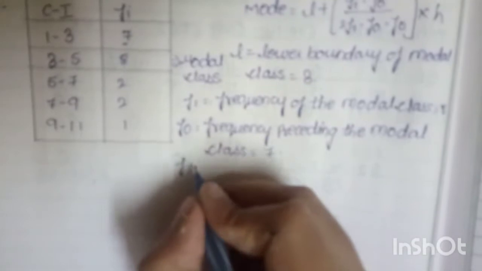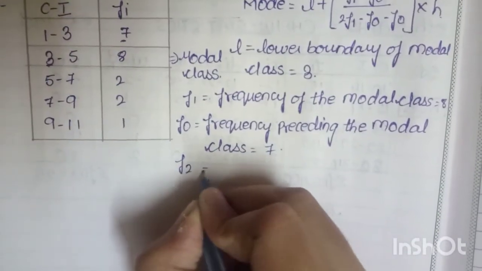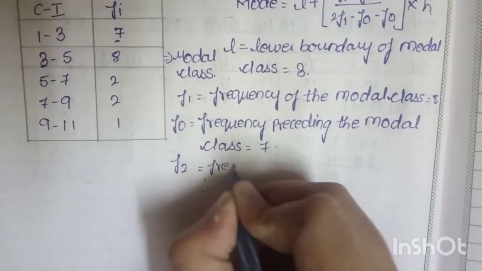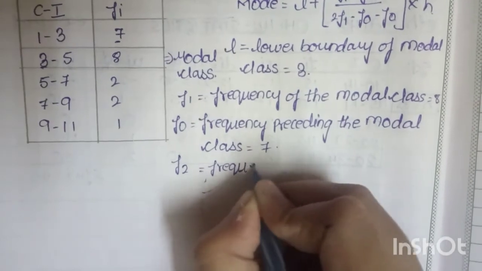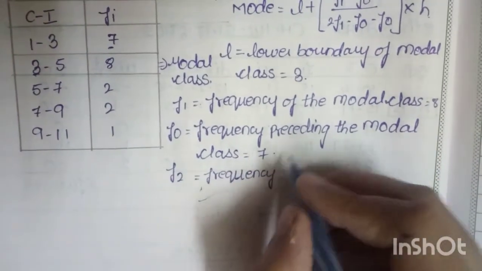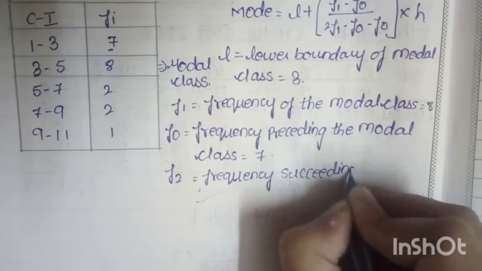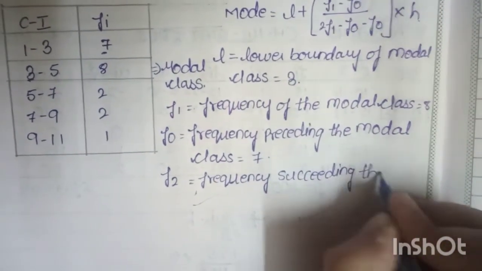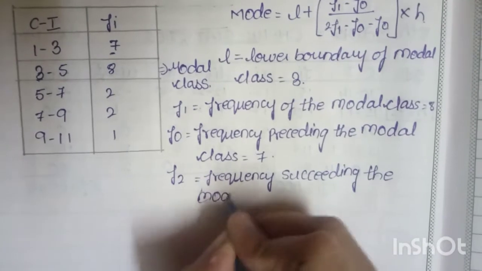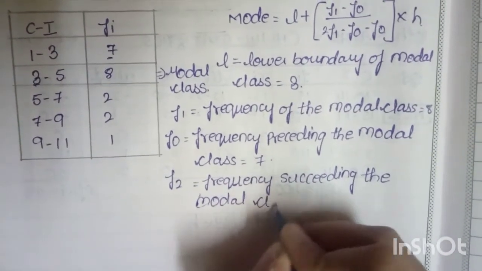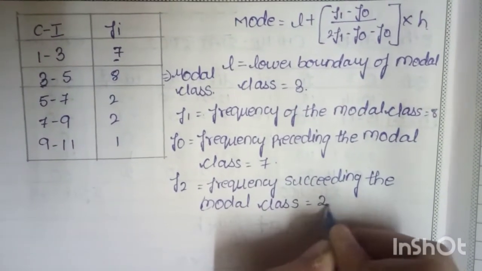Next, f2 will be equal to the frequency succeeding the modal class, which will be equal to 2.